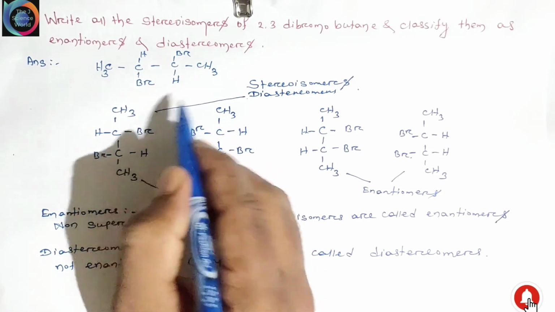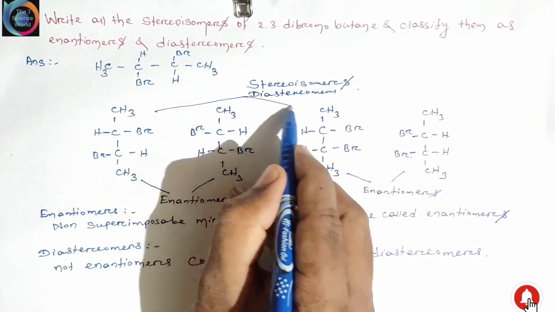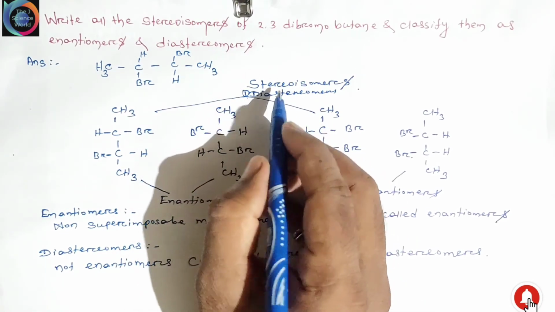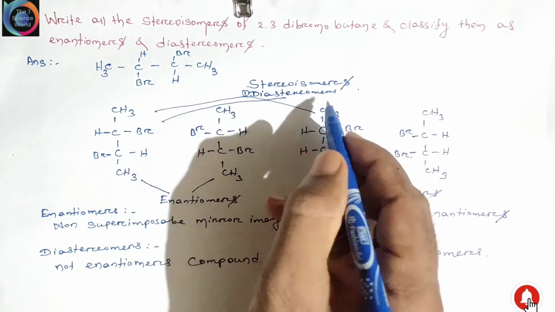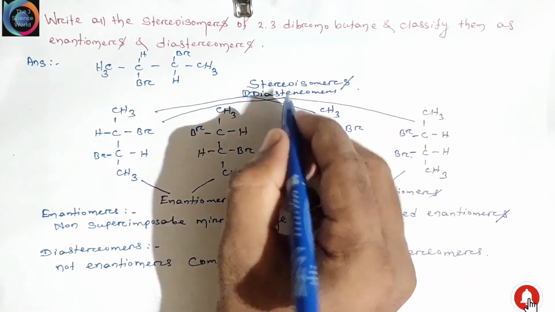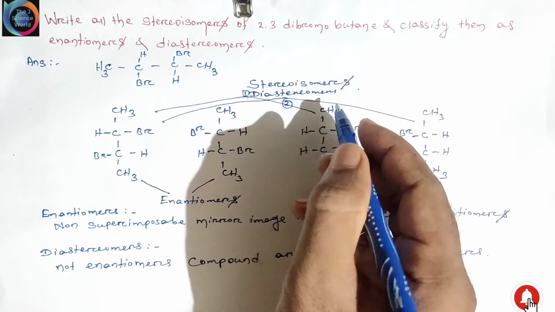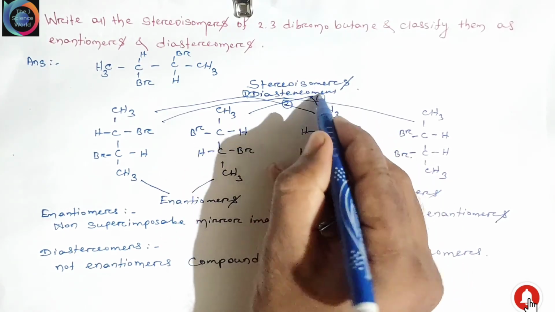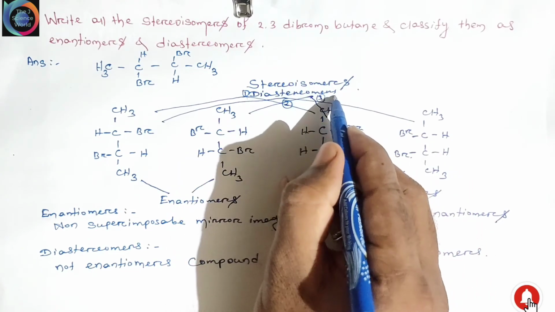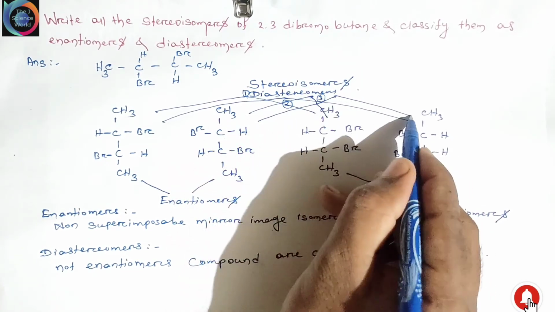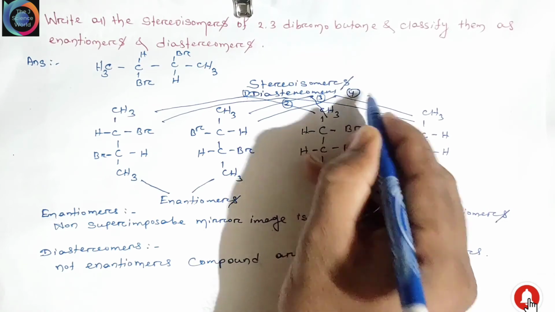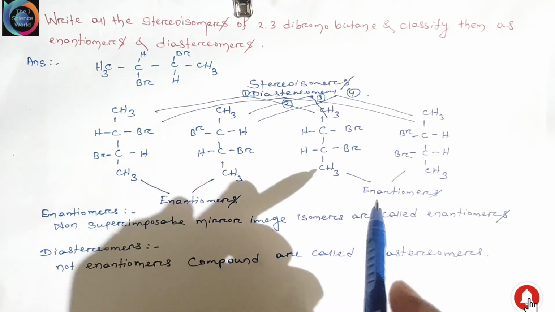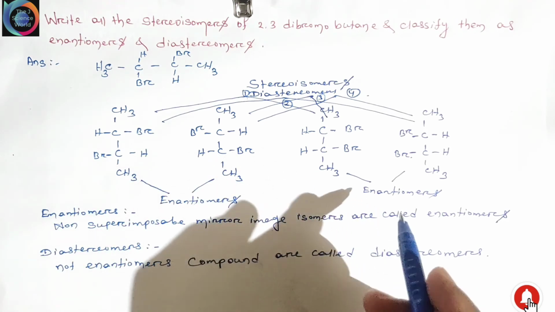This is our first, this is our second, this is our third, and this is our fourth diastereomeric pair. This is all about the stereoisomers of 2,3-dibromobutane and its enantiomers and diastereomers.